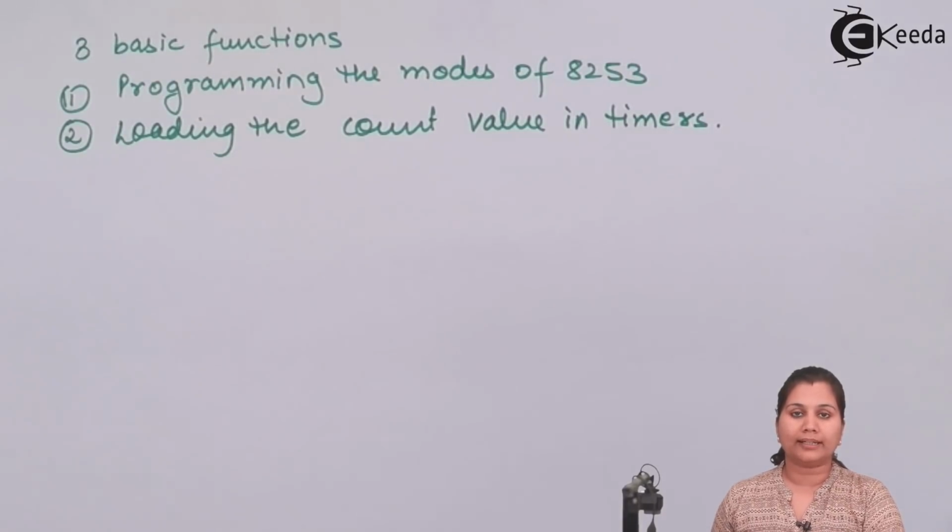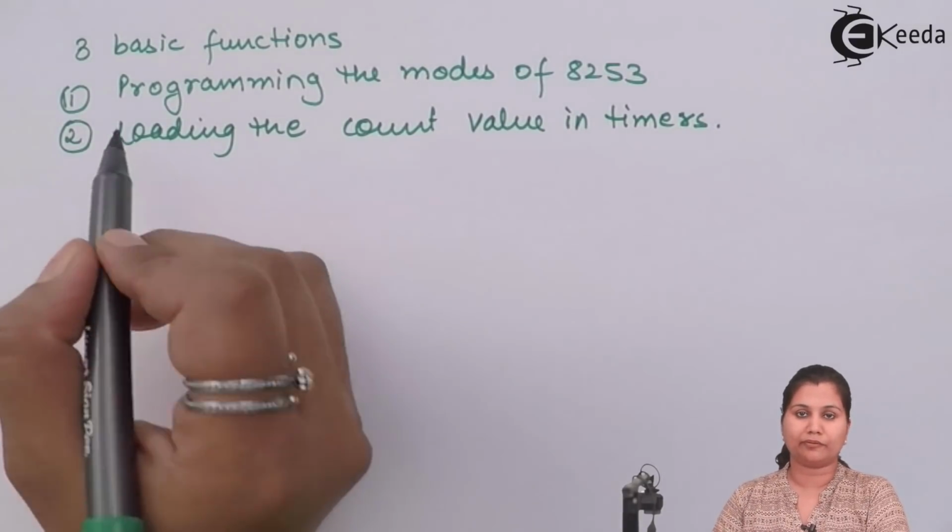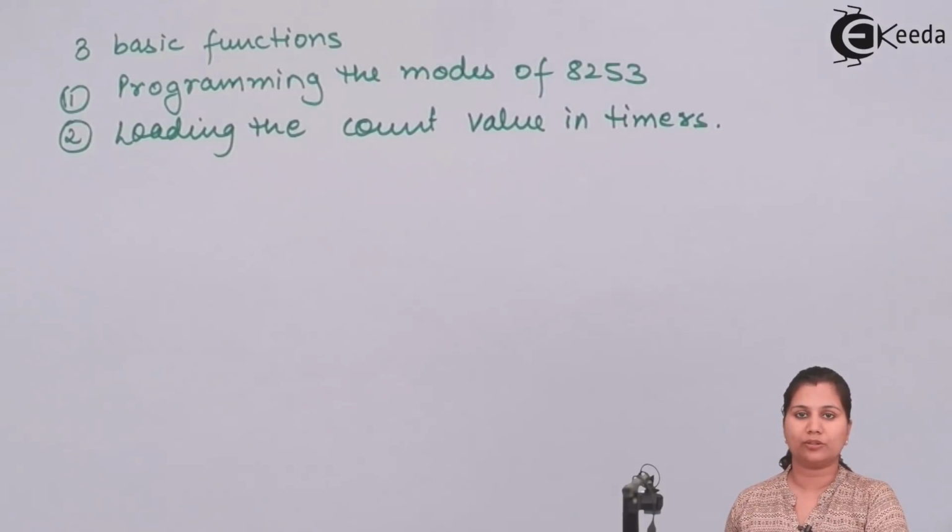So for the time period for which it wants the time delay, according to that time delay, it will calculate the count value, and that count value will be loaded by the microprocessor through the data bus buffer in the timers, timer 0, timer 1 and timer 2.